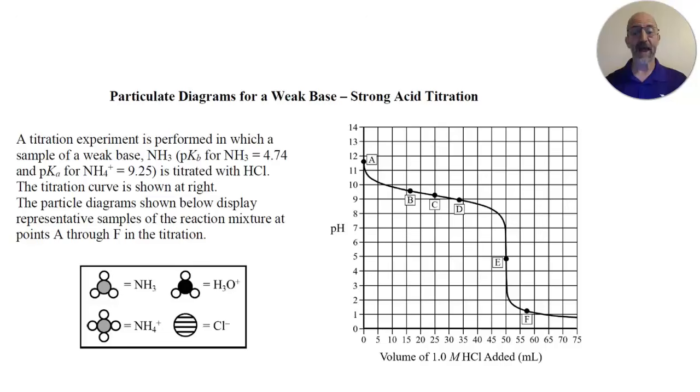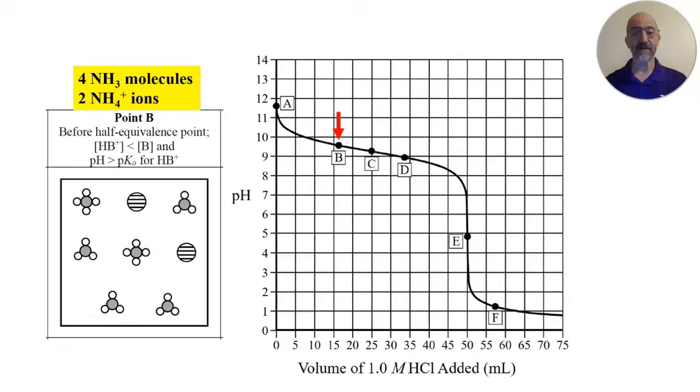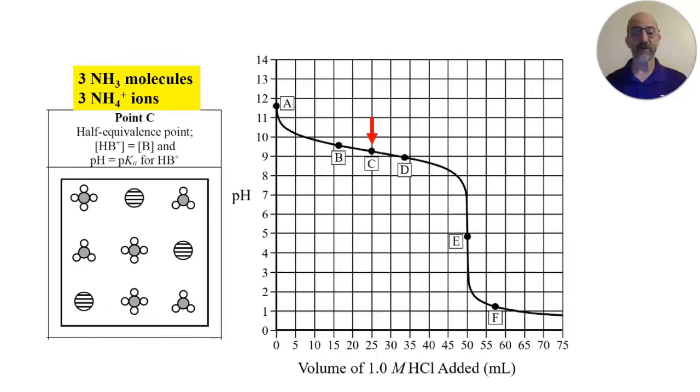Let's go ahead and stop at the half equivalence point. So at the beginning, this happens to be ammonia, which is a weak base. There are 6 particles of ammonia. And if I stop at the half equivalence point, we have 3 particles of ammonia and 3 particles of ammonium.